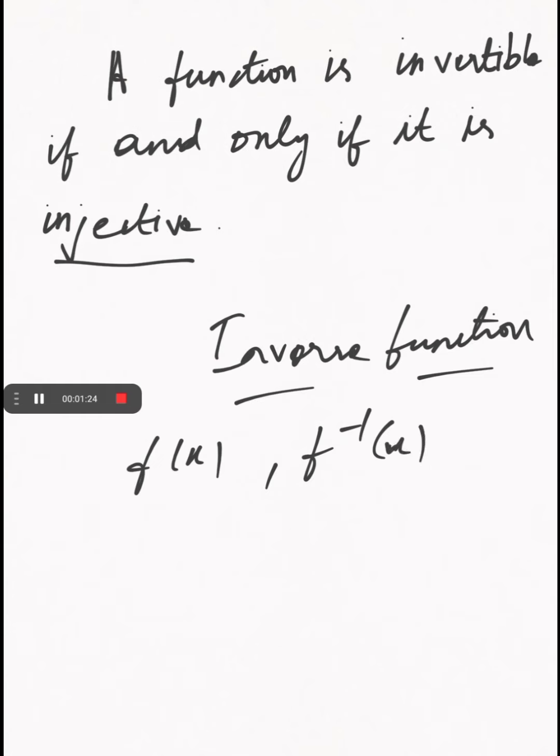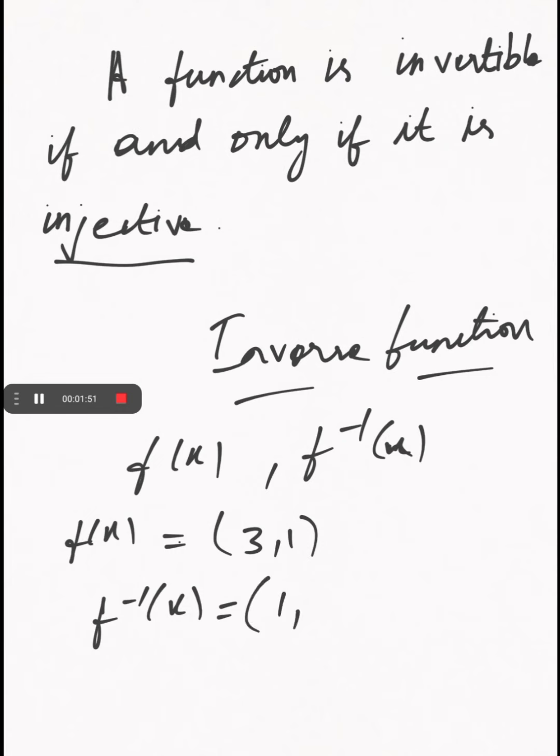I will explain this in one example. f of x equals, I will put in only one coordinate, that is (3, 1). We need to interchange the coordinates of each ordered pair of f. So what is f inverse of x? It changes to (1, 3). This is called the inverse function. I hope you understand this.